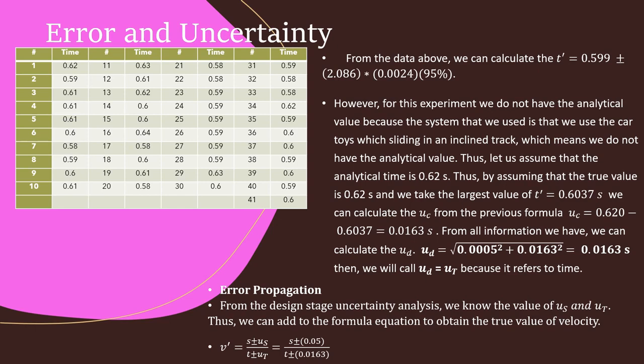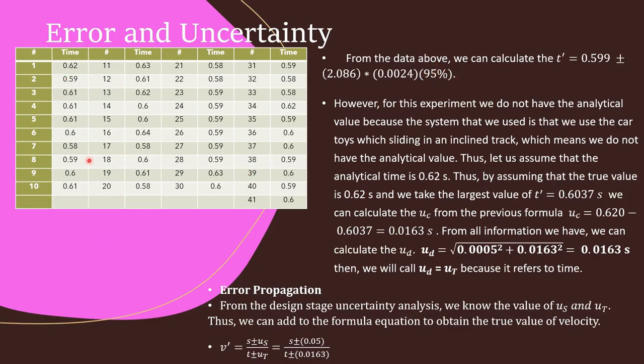Then the next is about the uncertainty. However, in this experiment, we don't have the true value or the accurate value for the time. So, in order to have the true value, we will use the t-student distribution formula, which uses 95%.